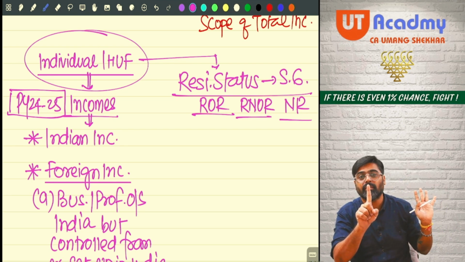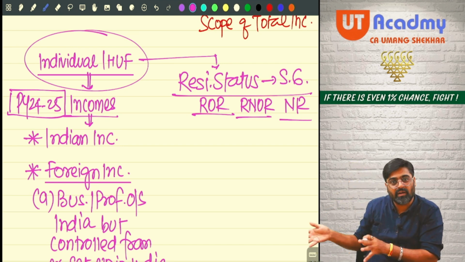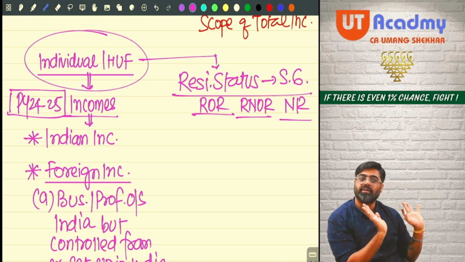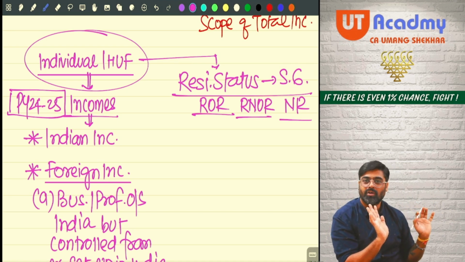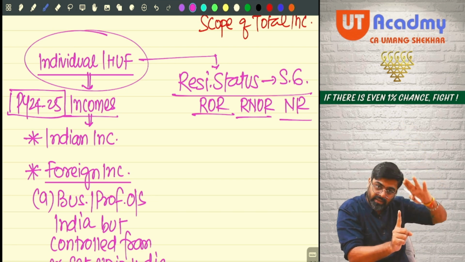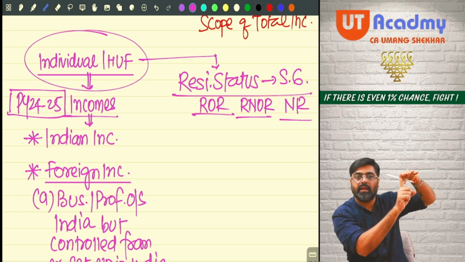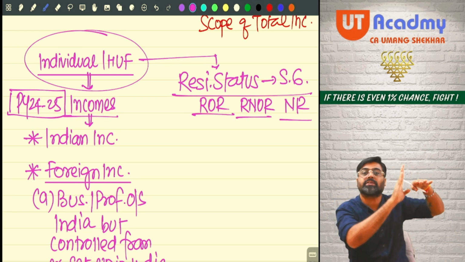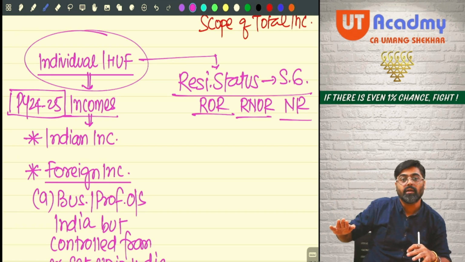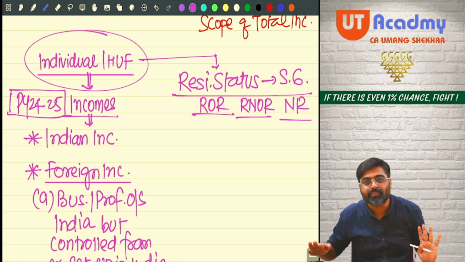I cannot say that during my previous year, for different incomes, I have different residential statuses. No. If your residential status for this previous year is fixed as non-resident, then for the entire previous year, for all the incomes you are earning, your status will be non-resident. Based on that status, your incomes will be either included or not included in your total income.